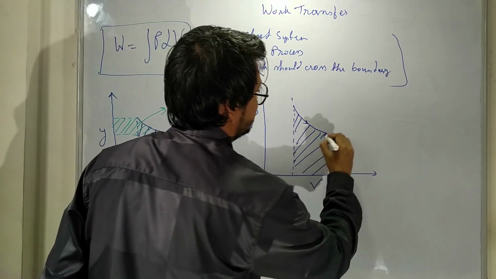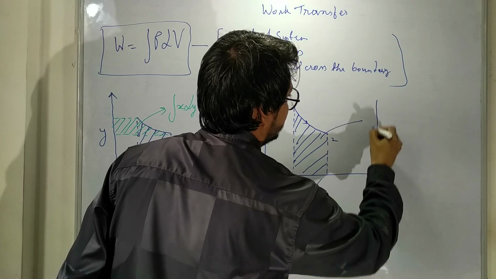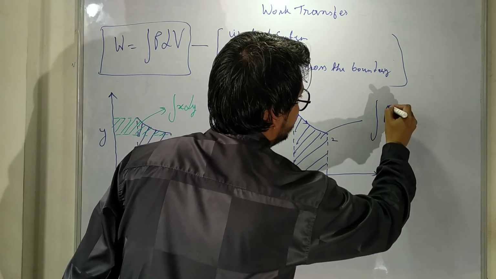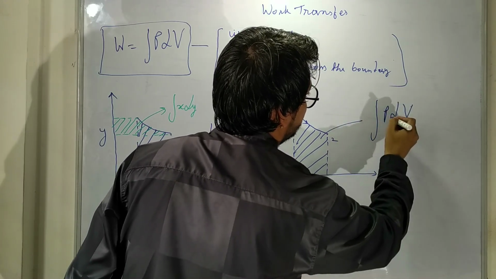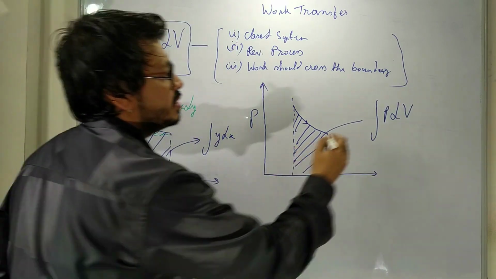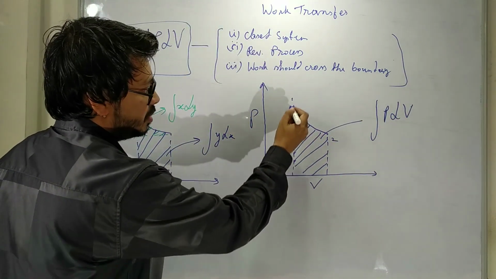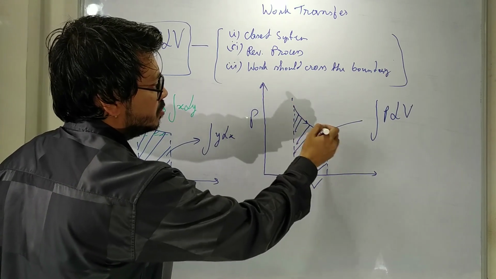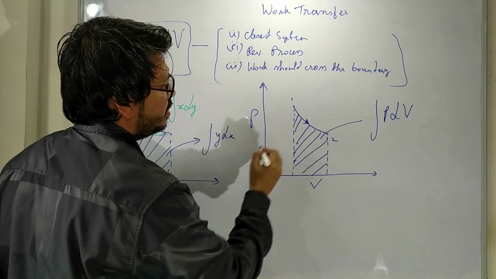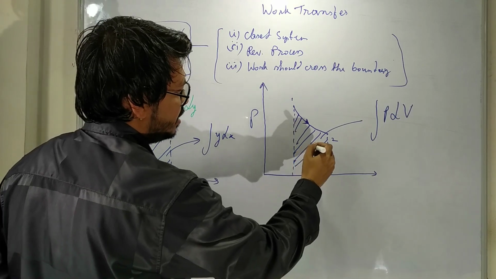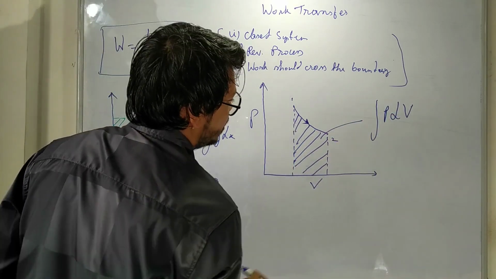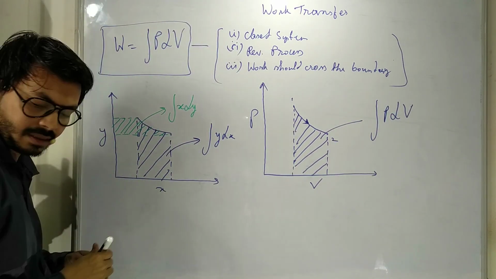This area is mathematically written as integration of PdV. This is the work done which we have derived for the closed system. So for the state 1 to 2, the process is occurring, and this area is equal to the work done by the closed system.